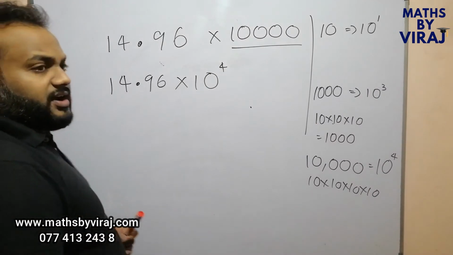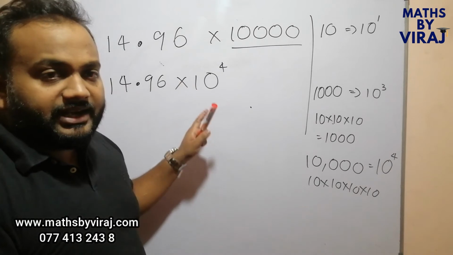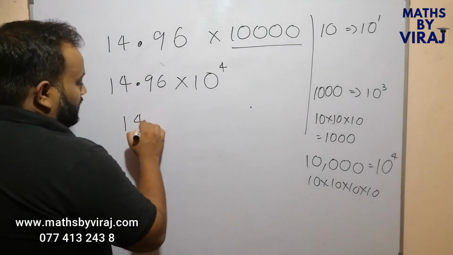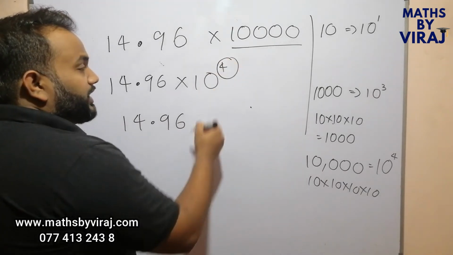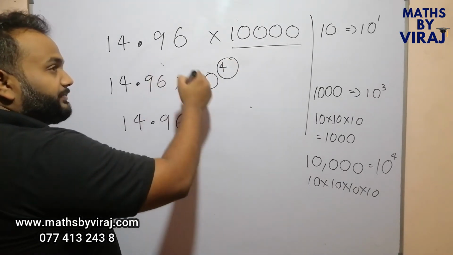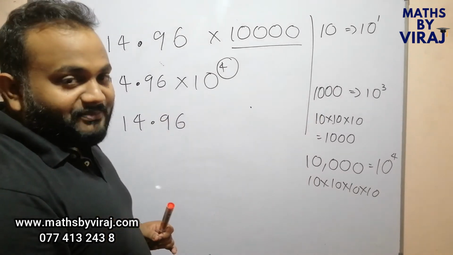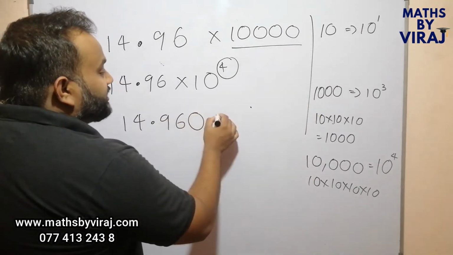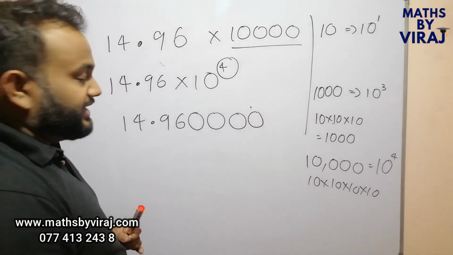Now, I feel that there are not enough numbers at the end. Let's see. There you go. This is 10 to the power 4. Therefore, the decimal point should jump 4 times to the right. Apparently there are not enough numbers, so I'm just going to introduce another 4 zeros for our ease of understanding.